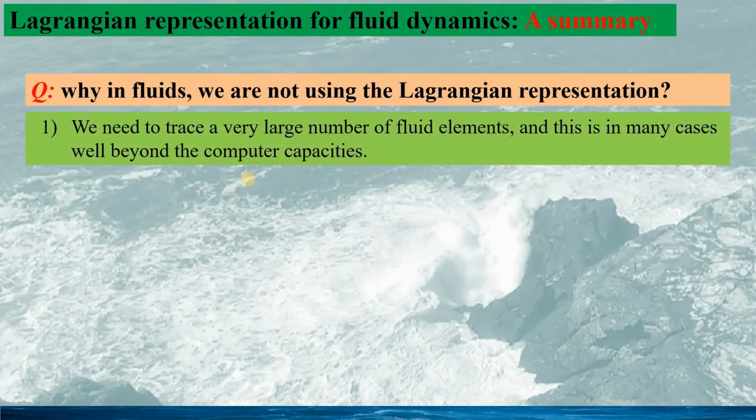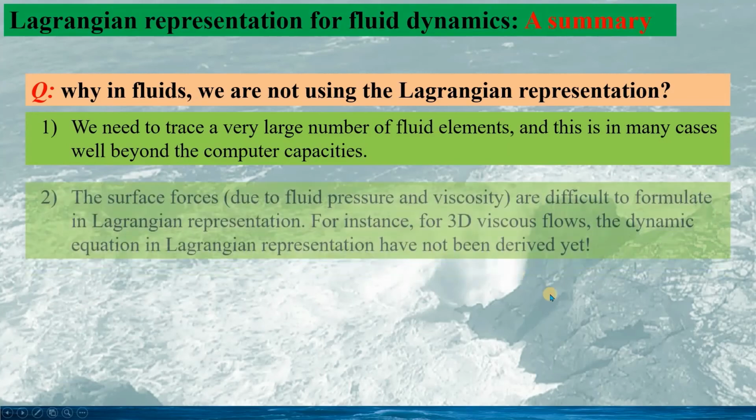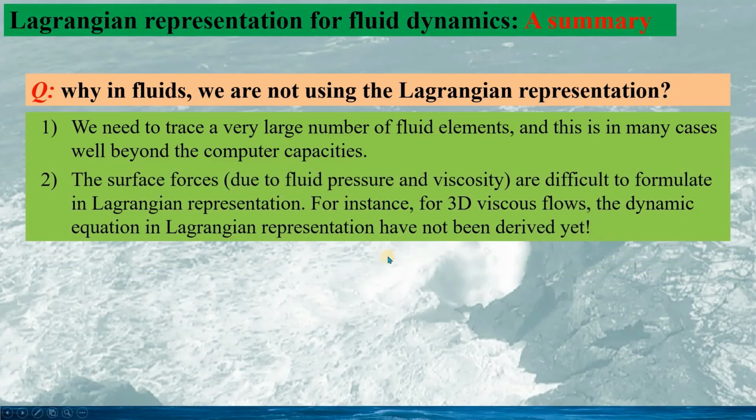In the Lagrangian representation for fluids, the first difficulty is that we need to trace a very large number of fluid elements, and this is in many cases well beyond computer capacities. The fluid surface forces on the fluid element, due to the fluid pressure and viscosity, are difficult to formulate in Lagrangian representation. As we mentioned before, for 3D viscous flow, the dynamic equation in Lagrangian representation has not been derived yet.